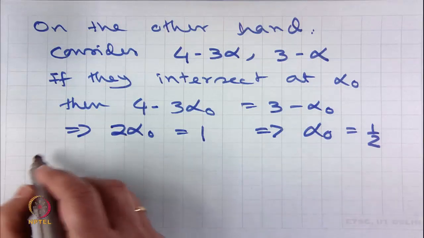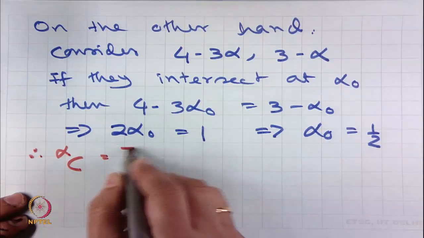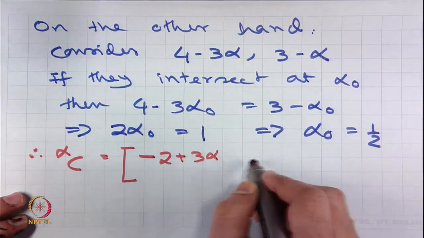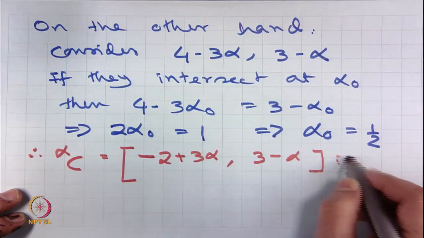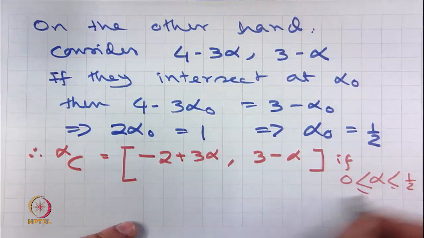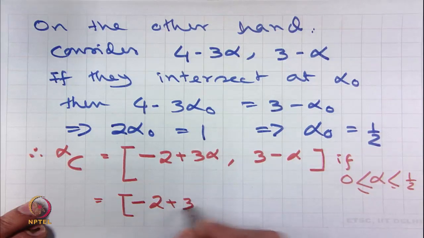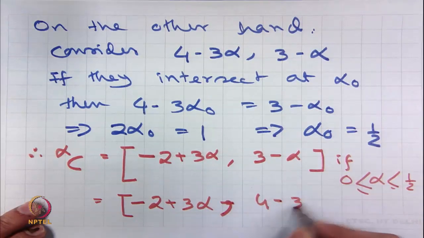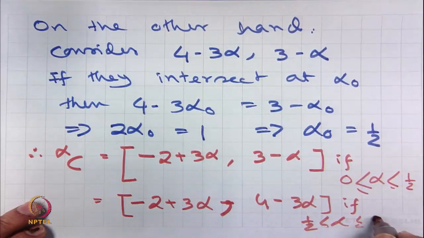Therefore, alpha cut of C we can write as [-2 + 3 alpha, 3 - alpha] if 0 < alpha < 1/2, and [-2 + 3 alpha, 4 - 3 alpha] if 1/2 < alpha ≤ 1.